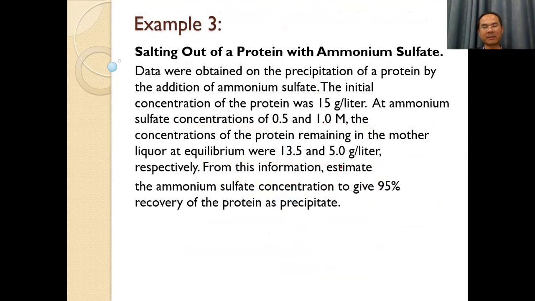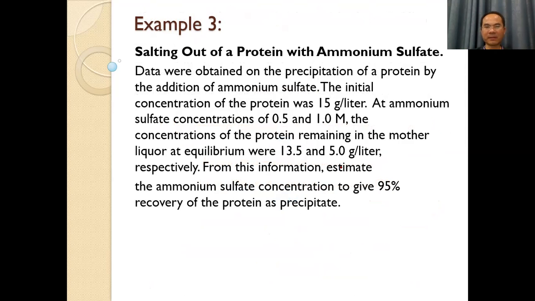Okay, that is the example for calculation. The data were obtained on precipitation of protein by the addition of ammonium sulfate. For this case, we use ammonium sulfate as the precipitating agent. The initial concentration of the protein was 15 gram per liter.